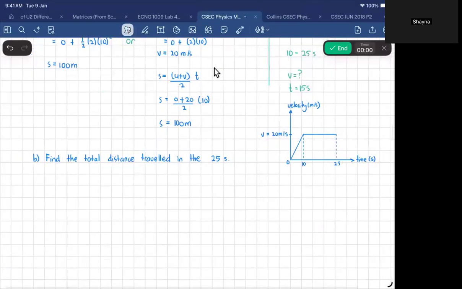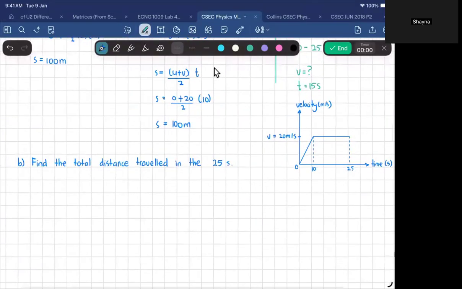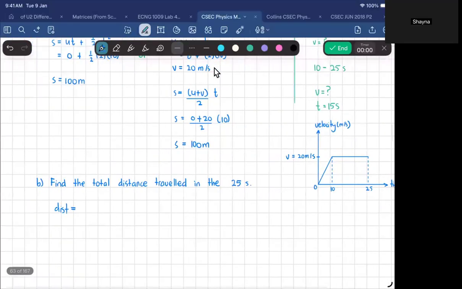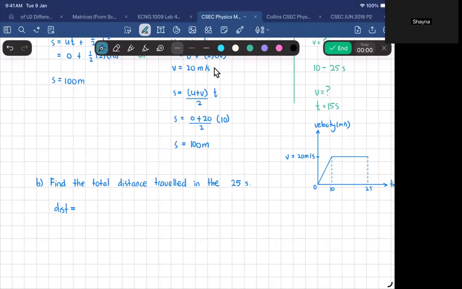So to figure out part B, the distance is literally just equal to 20 multiplied by 15. Which formula did you use for part B?